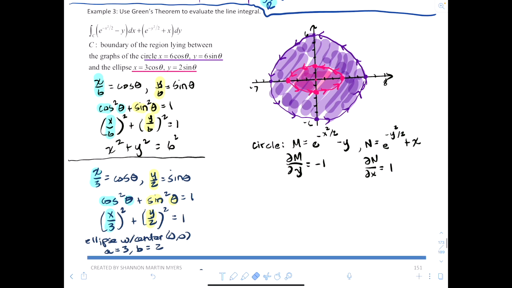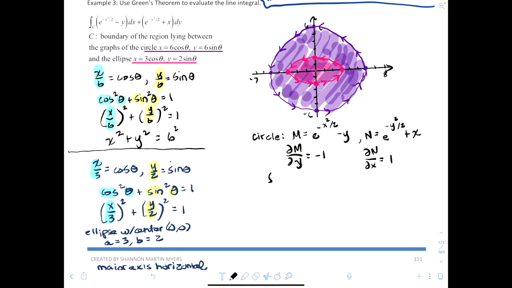So the line integral of e to the negative x squared over 2 minus y dx plus e to the negative y squared over 2 plus x dy is going to equal the double integral over our region of the first partial of N with respect to x minus the first partial of M with respect to y, dA.